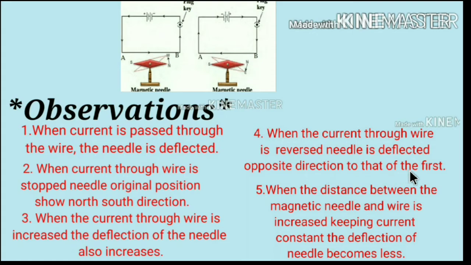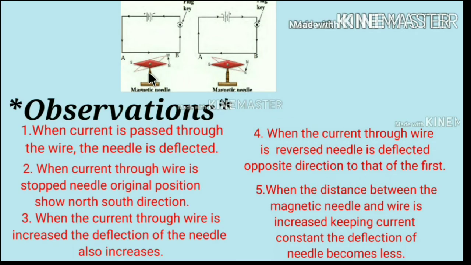In the first condition, here is the positive end and here is the negative end, so the direction of current is from positive to negative. When we change the direction, the needle is deflected opposite to the first.